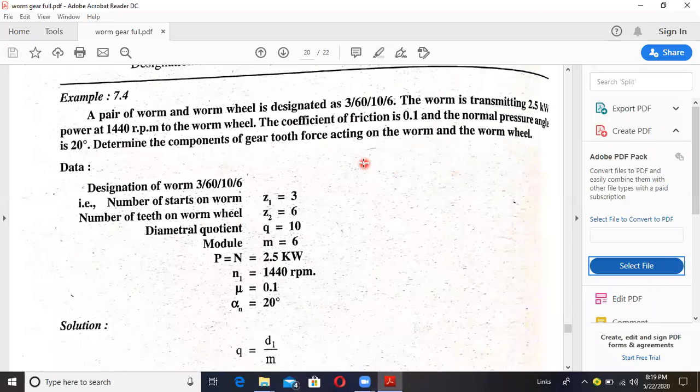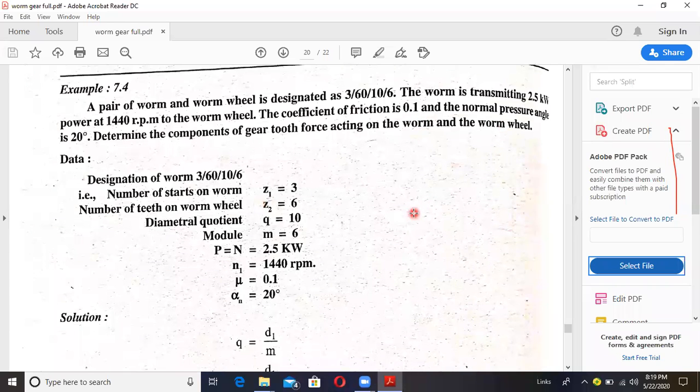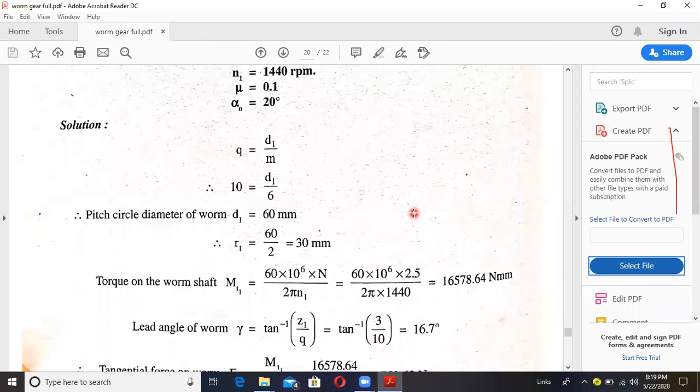So now we are going to calculate the forces acting on the worm and the worm wheel. We know there are three forces: the tangential force, radial force and the axial force. These are the given data. First we have to calculate the diameters.